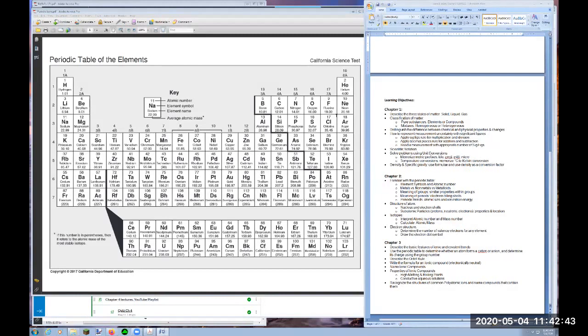And then we learned about this crisscross trick that allows you to write the formulas by taking the numbers of the charge of the ion, and that becomes the subscript. So if you have Mg2+, the 2 from the magnesium will become a subscript for fluorine, and the 1 from the negative charge on the fluorine will become a subscript for magnesium. So the formula will be Mg, and the 1 is implied, F2, right?